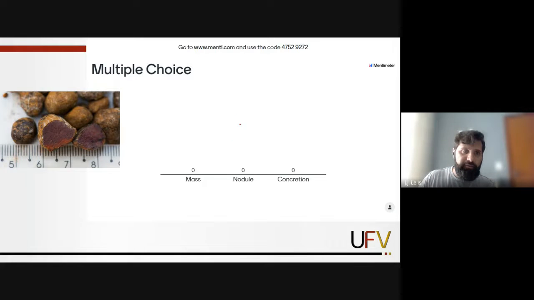To answer this quiz, I ask you to access menti.com and use this code and answer me if you think that's a mass, a nodule, or a concretion. So please go to Menti, use this code, and answer me. Okay? I will answer too, so I can check if the link is working.